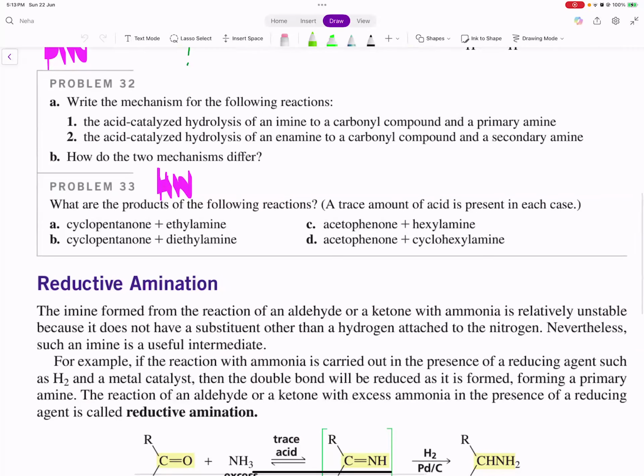In the case of cyclohexyl, you will have acetophenone, right? N, right? It's a lone pair, right? Now you understand what I'm saying? Yes, I got it.